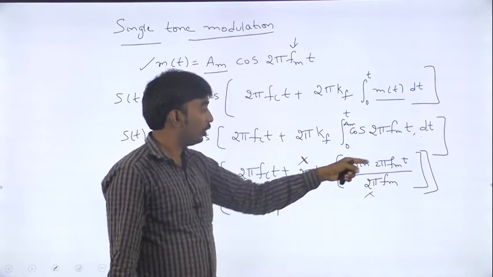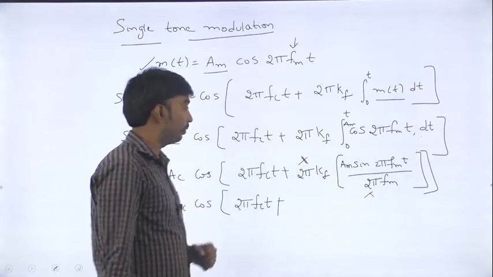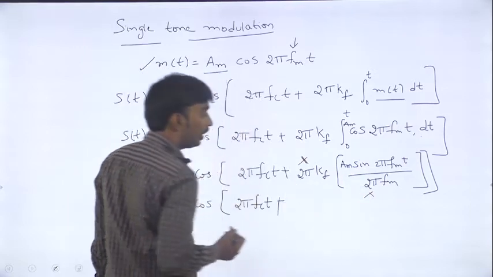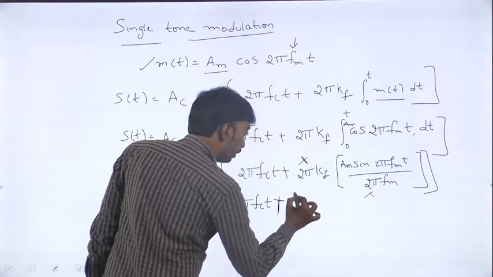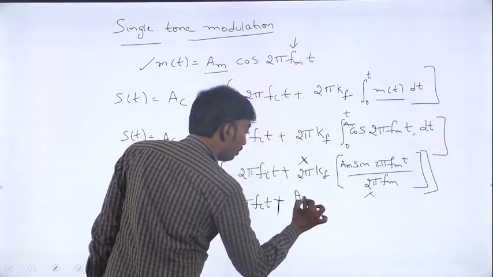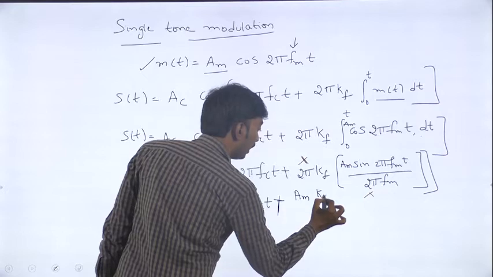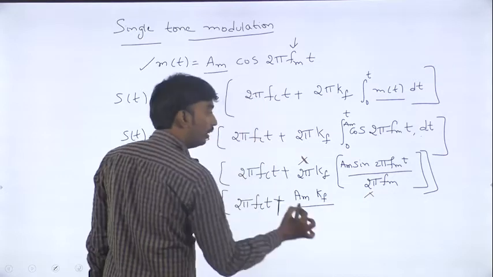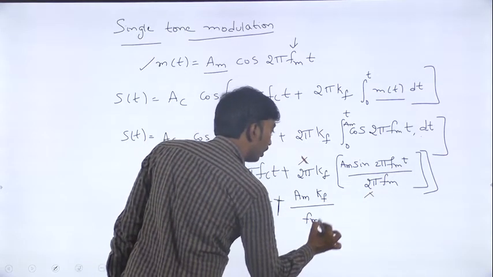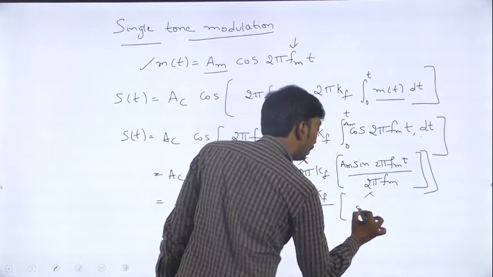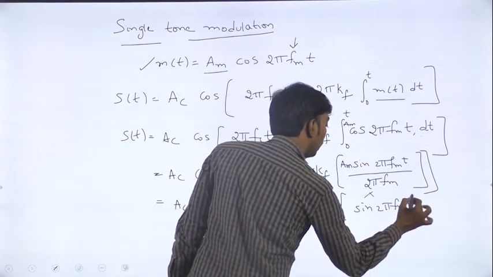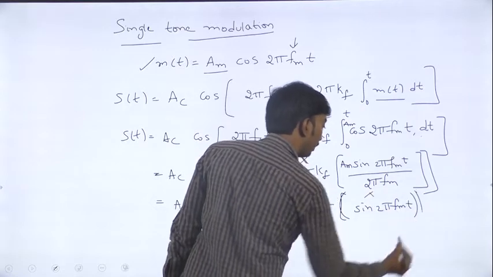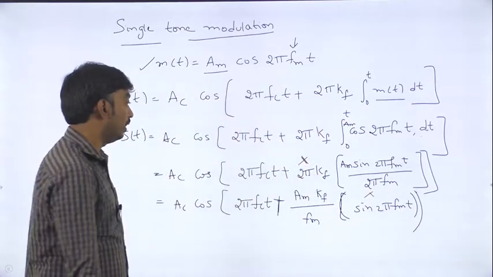That means am sin 2 pi fmt by 2 pi fm, right? So this 2 pi and this 2 pi will get cancelled, and then this plus what I am going to get? Am into kf divided by fm into sin 2 pi fmt. That's it.